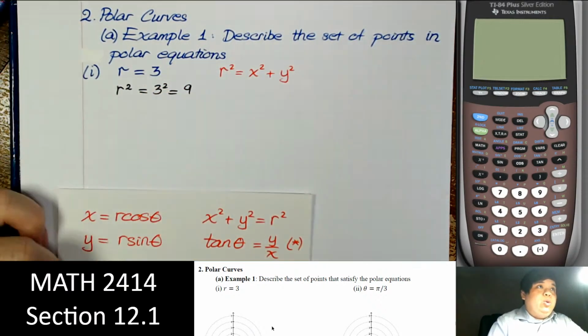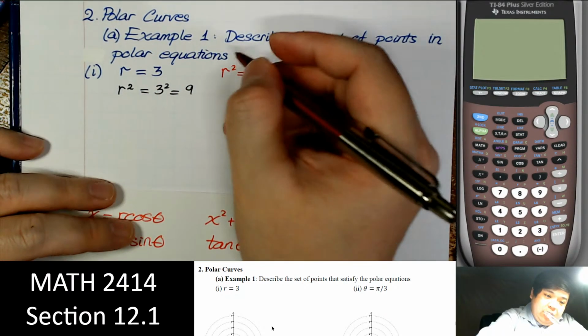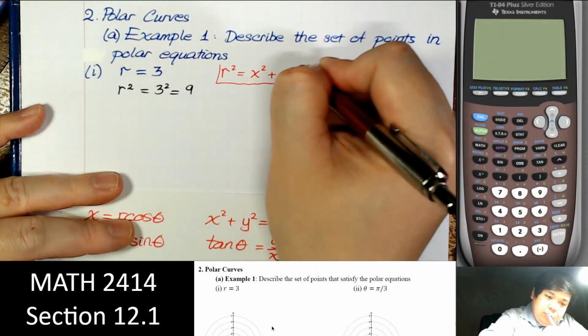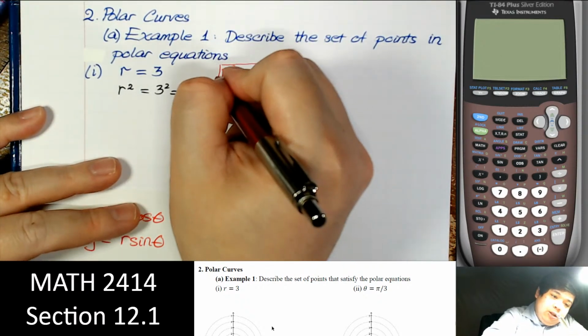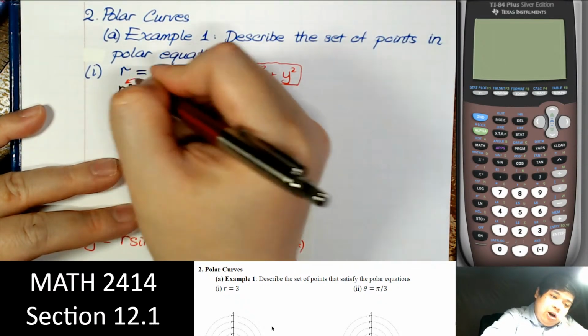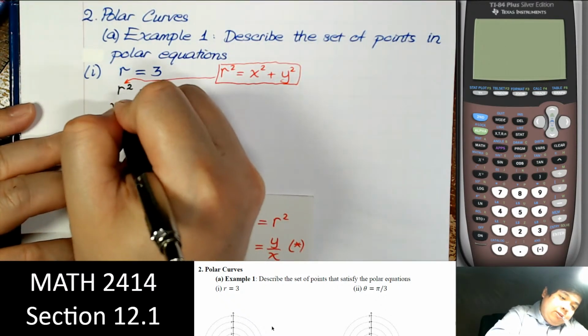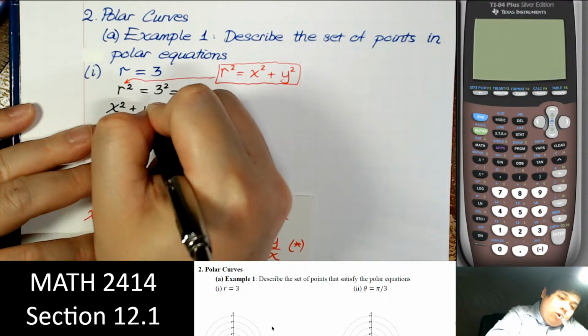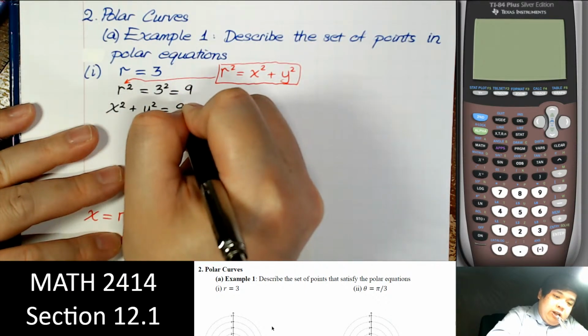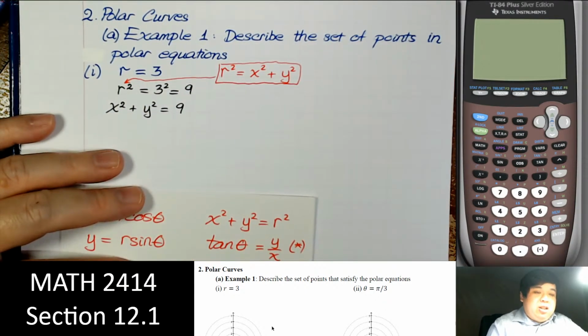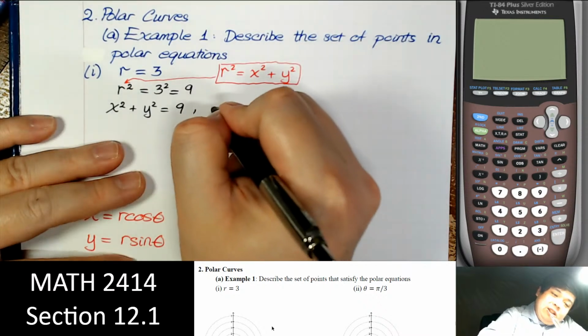So if r squared equal to 9, and we substitute that for r squared, we have x squared plus y squared equal to 9, and that is the equation of a circle for sure, right?